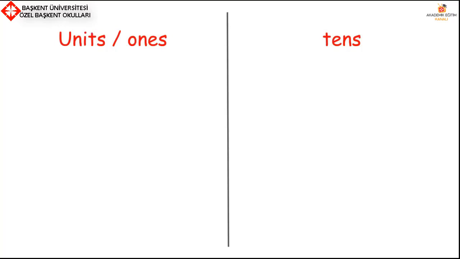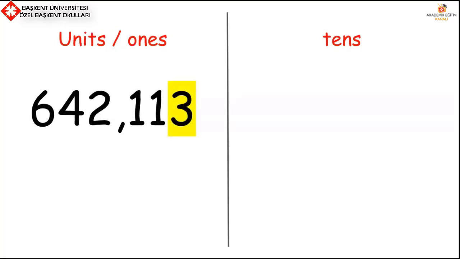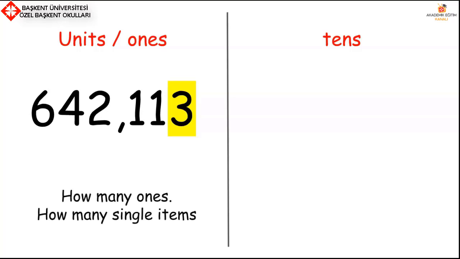So, units and ones. If I look at this number, 642,113, 3 is the units value. How many ones or how many single items?